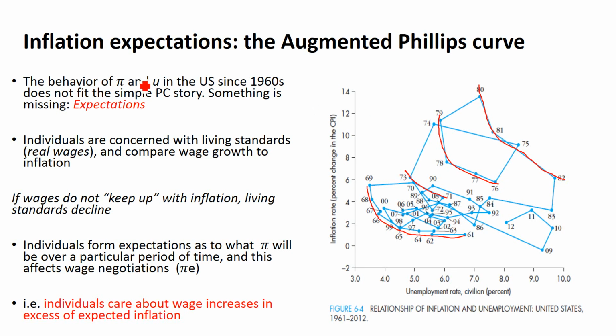Specifically, we use something called inflationary expectations to try and explain shifts in the Phillips curve, and recognizing inflationary expectations allows us to augment or supplement the Phillips curve to take into account the role that inflationary expectations play in not only affecting rates of inflation, but also affecting the unemployment rate.